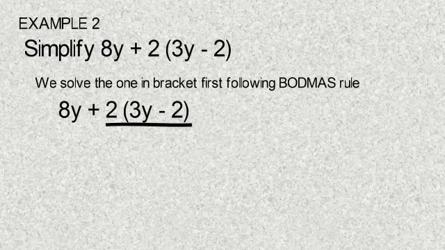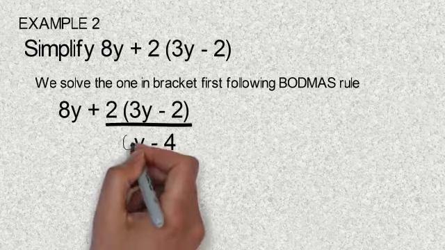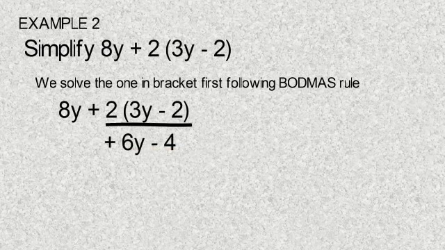So if I'm multiplying that plus 2 through with the values I have in the bracket, I have plus 2 multiplied by 3y, which is equal to plus 6y. So also plus 2 multiplied by minus 2 in the bracket, plus times minus will give me minus. I have minus 4. Do you understand that? Good. So here I'm having 8y plus 6y minus 4.